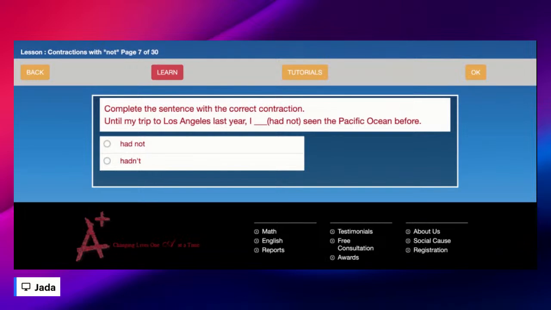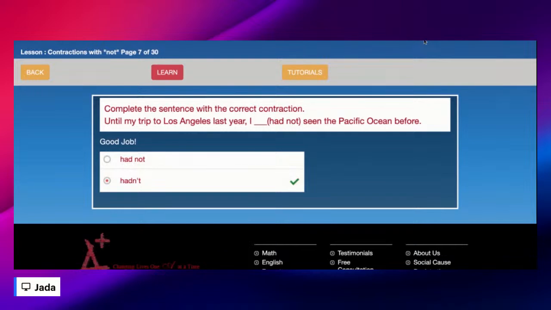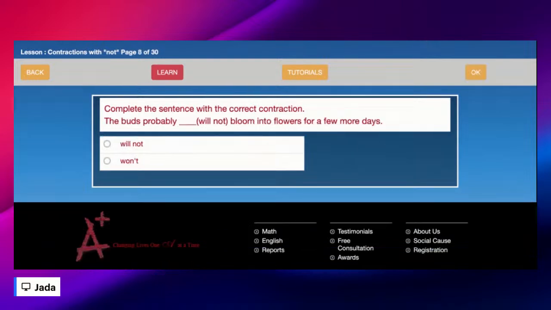I don't like to drink tea. Okay, that's good. And then this one. Okay.